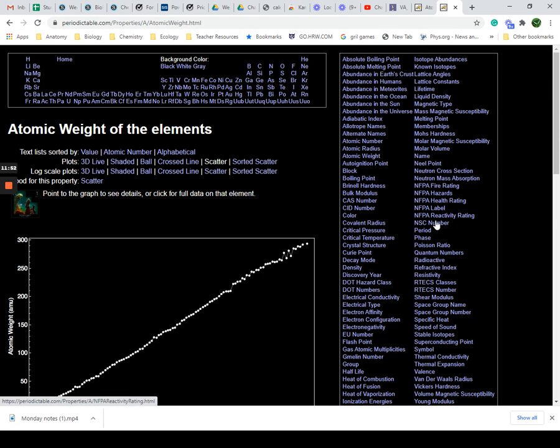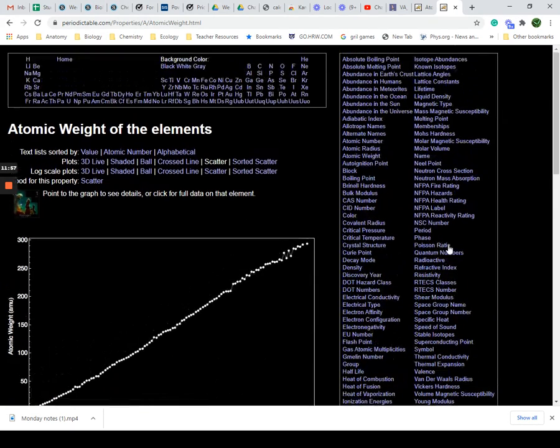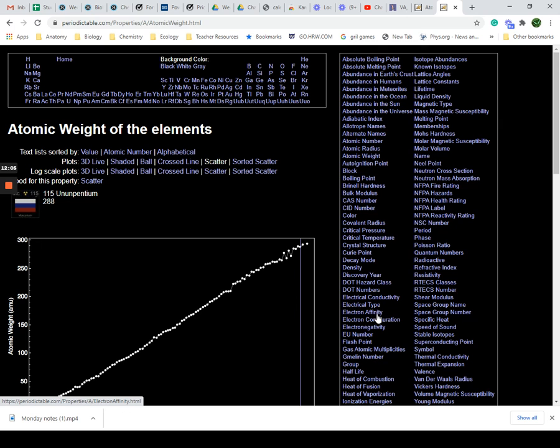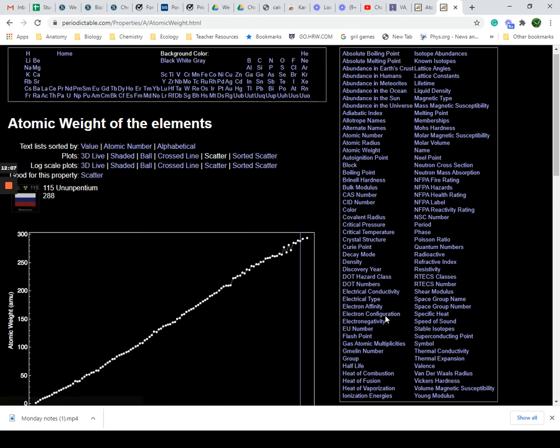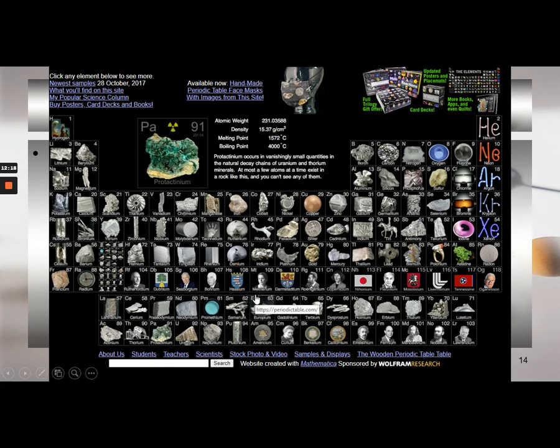I don't see ionic radii on here. Heat, ionization energies. Okay, so we're not going to look at ionic radii. I thought it was on here. I must be overlooking it. Okay, so we'll skip that part. All right.